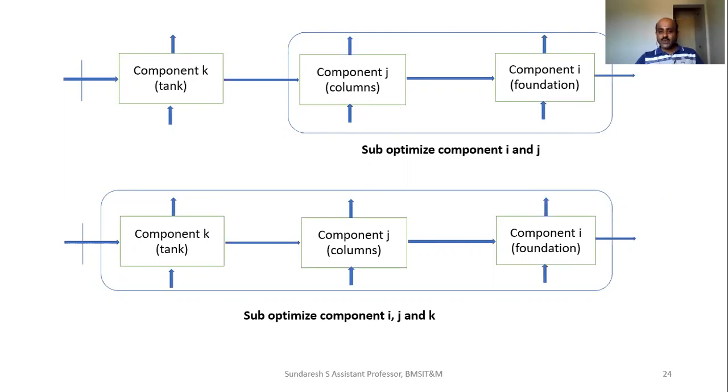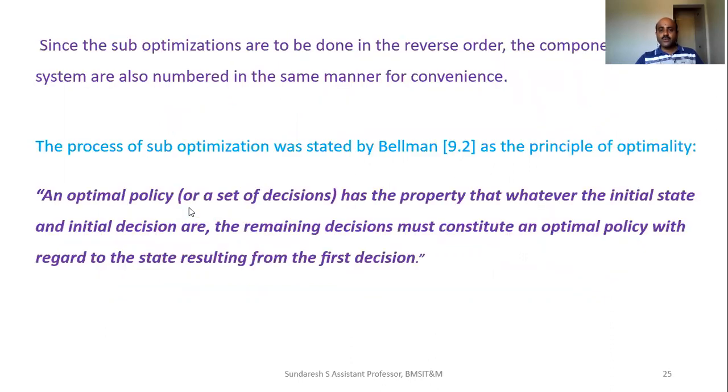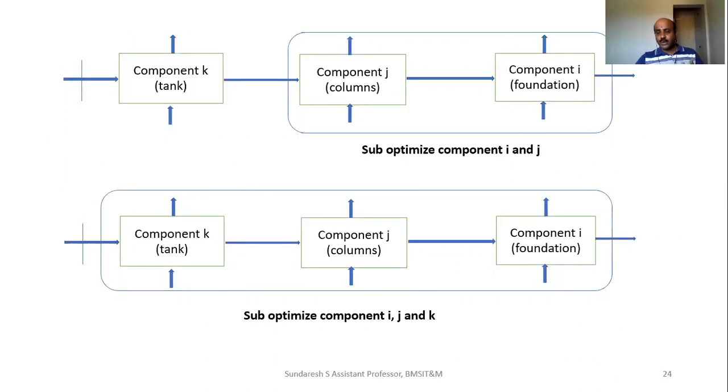And in the last stage, we take all three components, including component I, component J, and component K, that is foundation, columns, and tank, and we optimize these components. This is what we call sub-optimization.